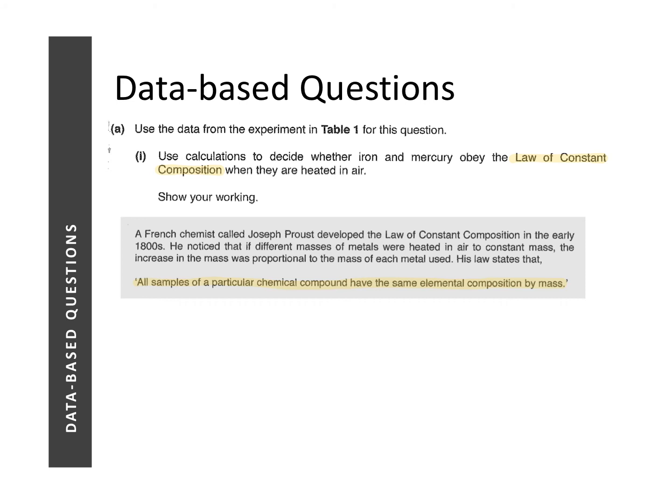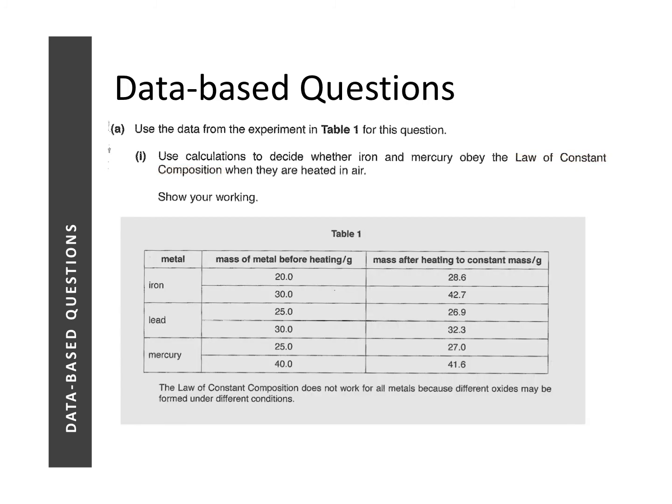Similarly, if I have a certain sample of mercury oxide, the percentage by mass of mercury and oxygen would always be the same as any other samples of mercury oxide. So the question now requires us to use the data in table 1 to determine whether this law applies to iron and mercury. So next we need to look at the data given in table 1.